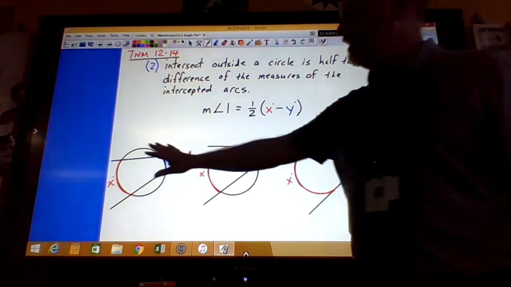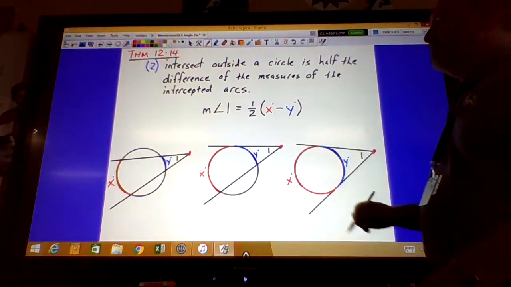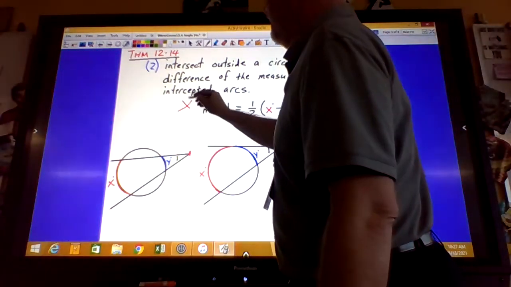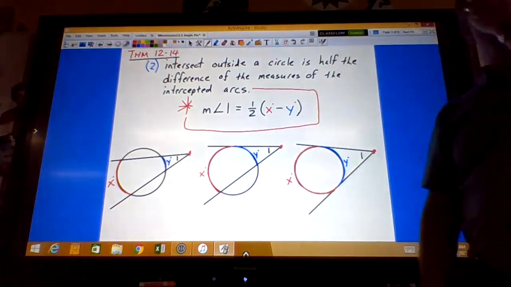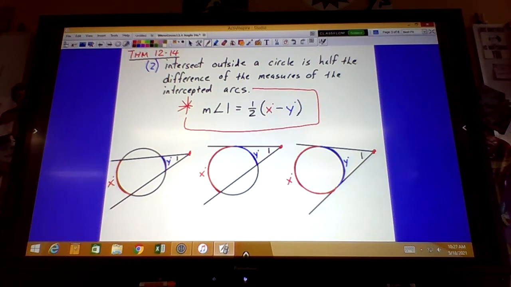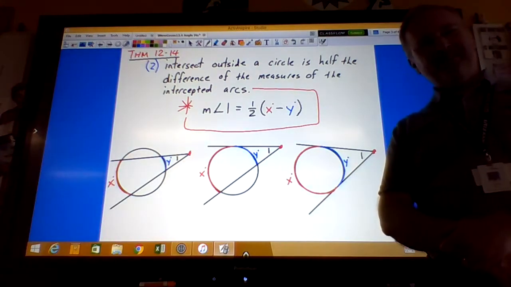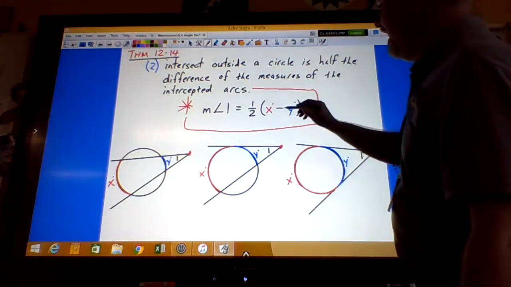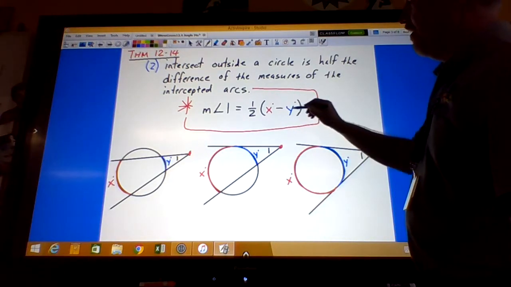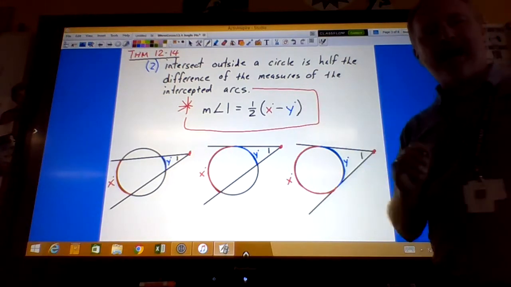It doesn't matter any of those 3, you still use this formula, and at first glance you're thinking, Mr. Metcalfe, that looks like the exact same formula, but it's not. One thing has changed. Does anybody notice? Sure you do. We've changed from adding the 2 arcs together to subtracting them.